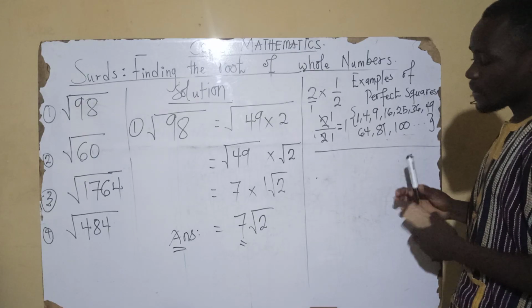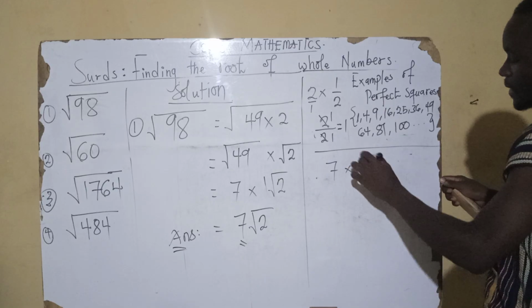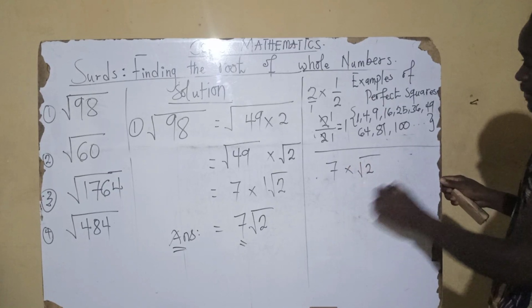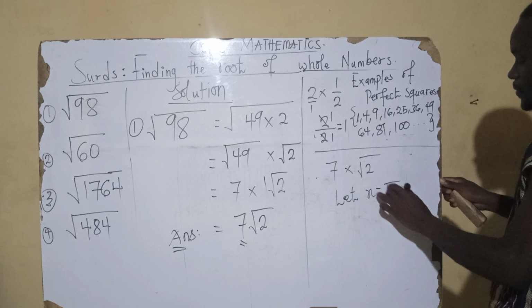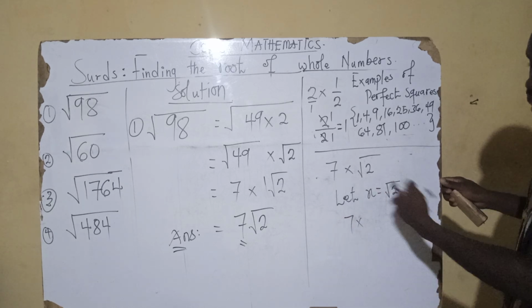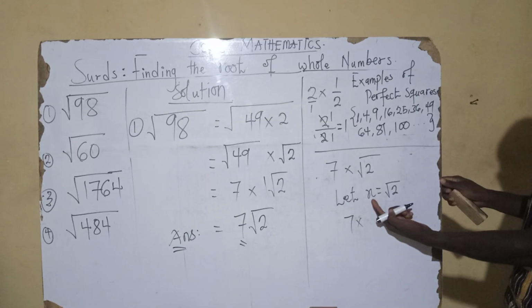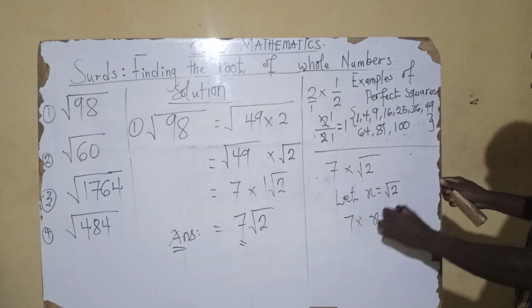Very good. Or in other words, you can also say that from here, if you are getting, let's say, 7 times root of 2, you can say let x be equal to root of 2. Because we all know how to solve algebra, now that we are saying let x be equal to root 2, wherever I see root 2, I substitute x.